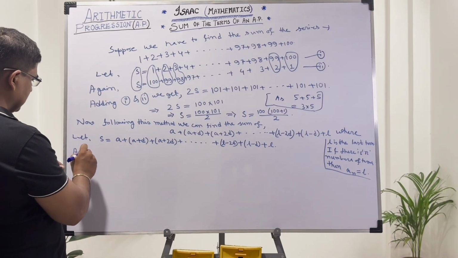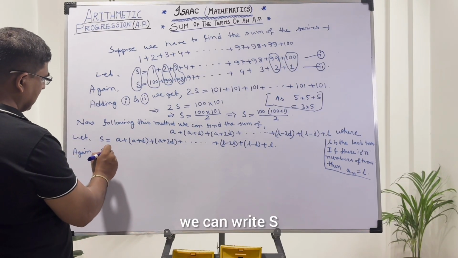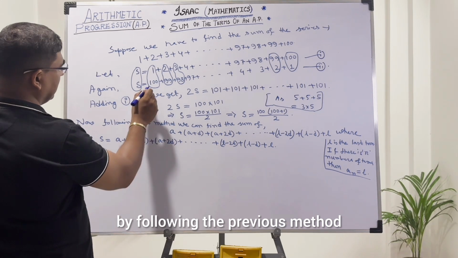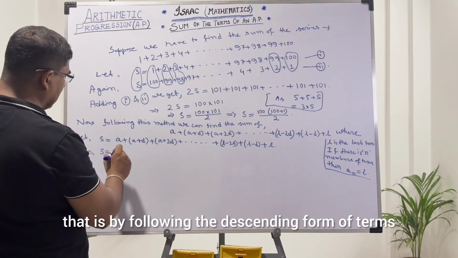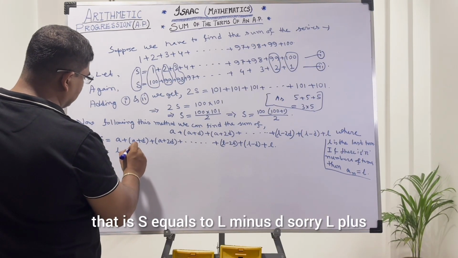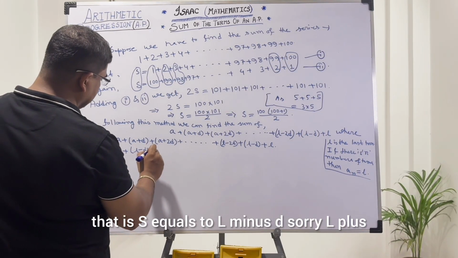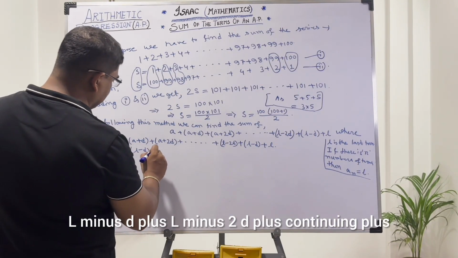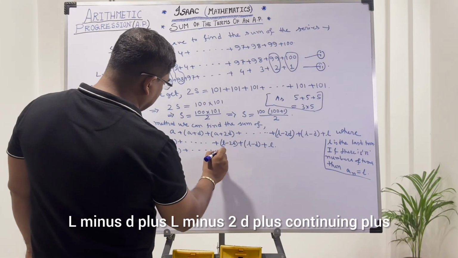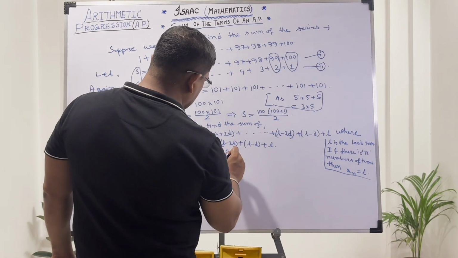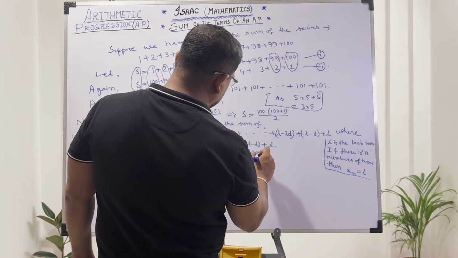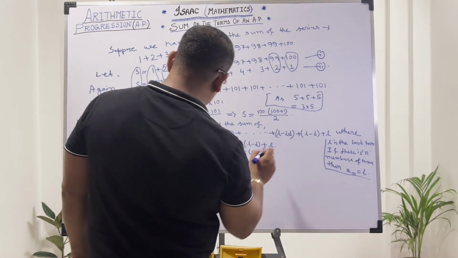Again, we can write S by following the previous method, that is by following the descending form of terms, that is S equals to l plus l minus d plus l minus 2d plus continuing plus a plus 2d plus a plus d plus a.